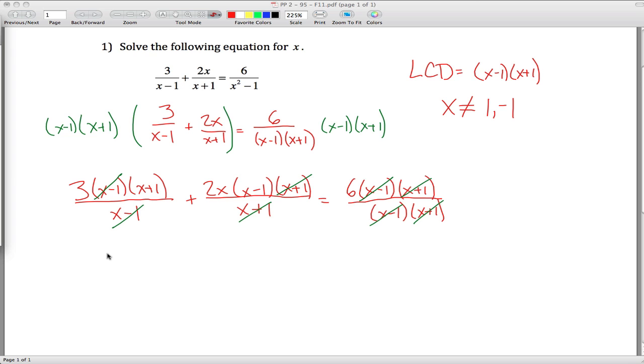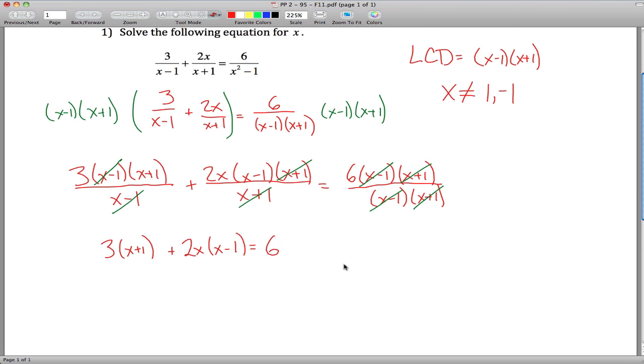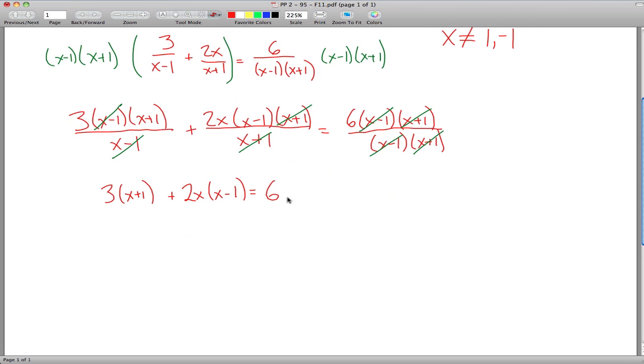So when all the dust settles, we have 3 times x plus 1 plus 2x times x minus 1 is equal to 6. And we know we did everything right because there's no fractions left, nothing left in the denominator. So now we have this equation, which is a little bit easier to solve. We're still not done yet, but having no fractions is nice.